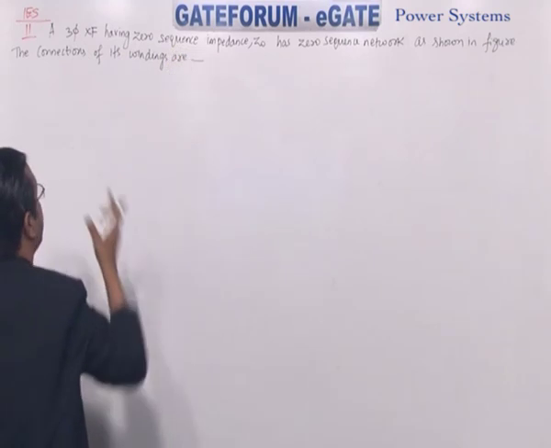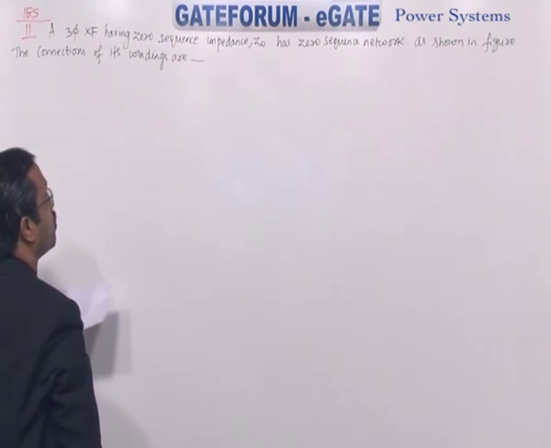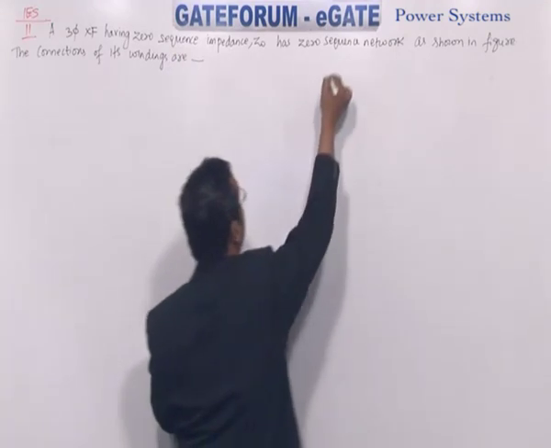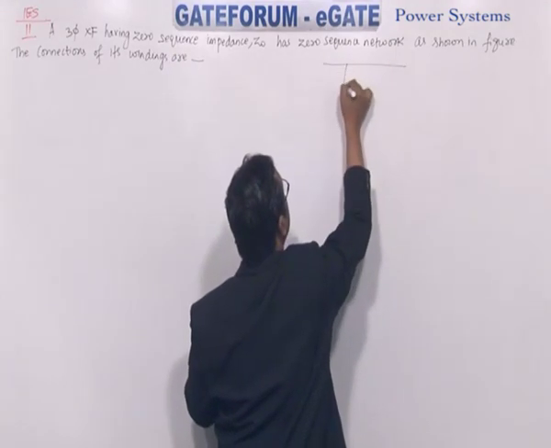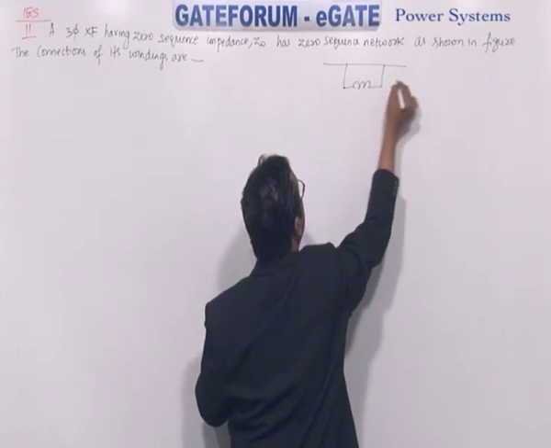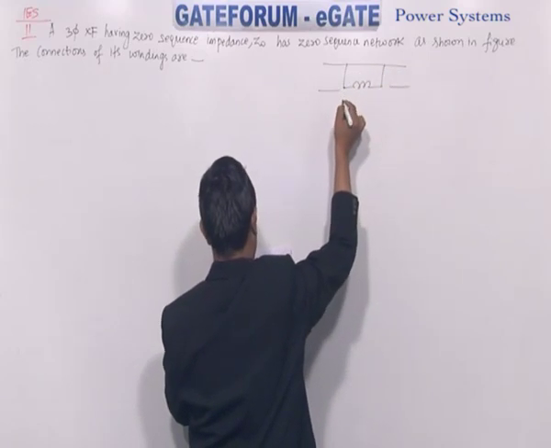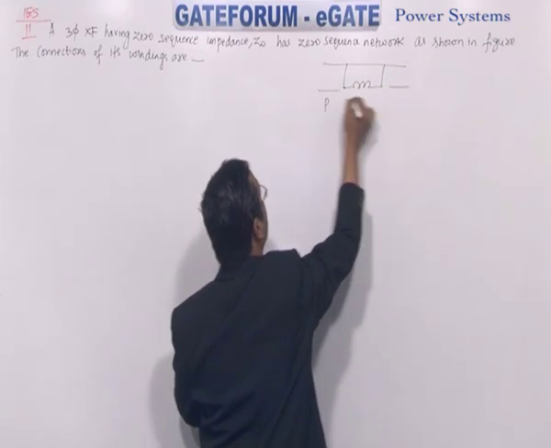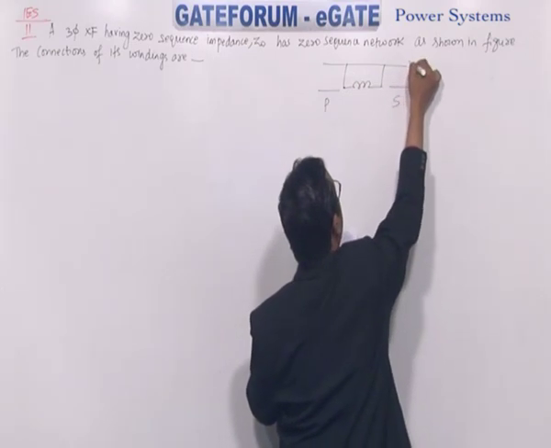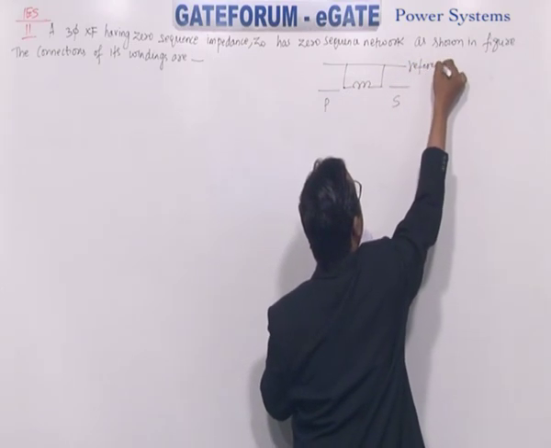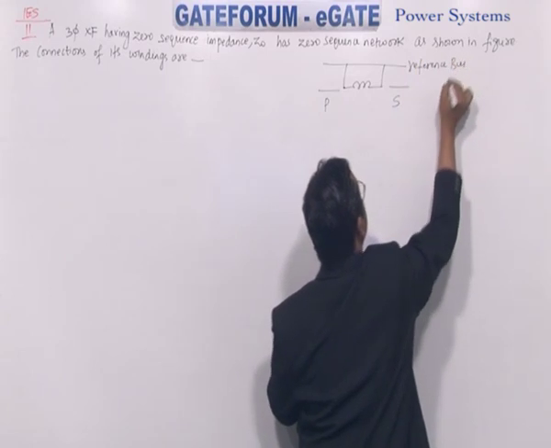The connections of its windings are, the figure is like this. Here is the primary, secondary, and here the reference bus.